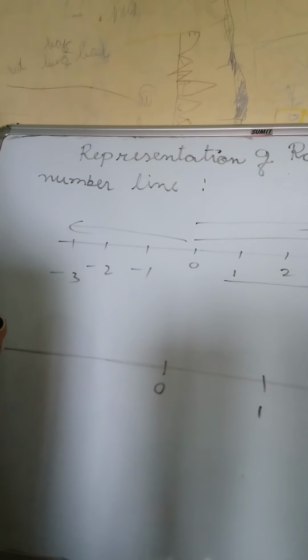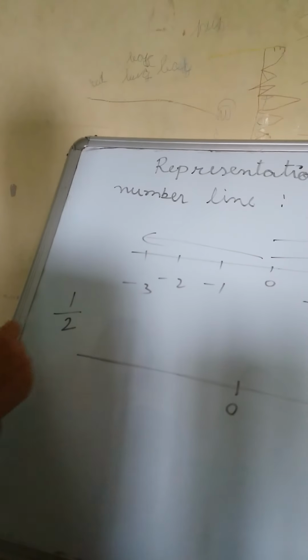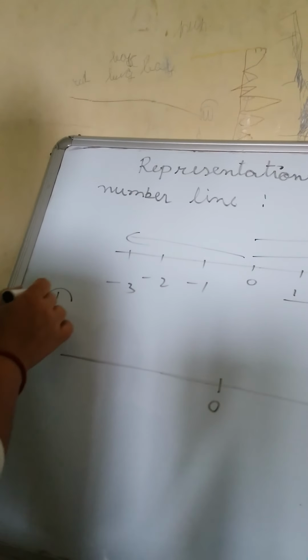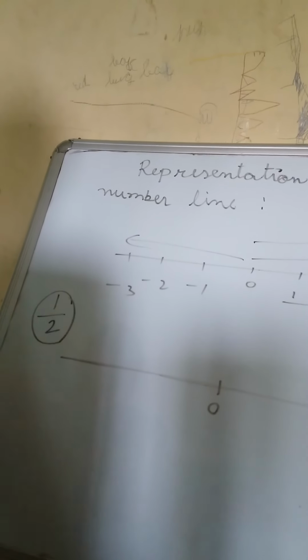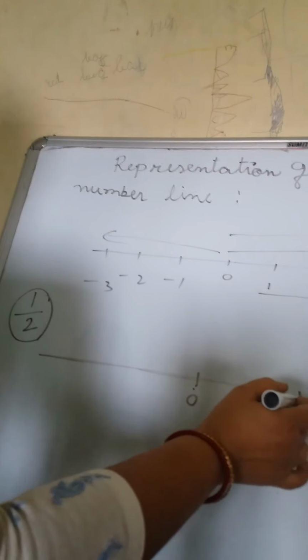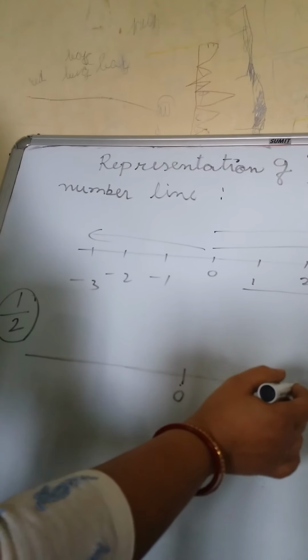If I ask you where this 1 by 2 is located, it is located in between 0 and 1.